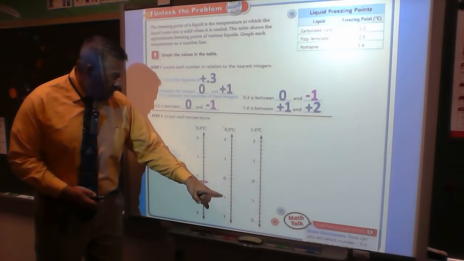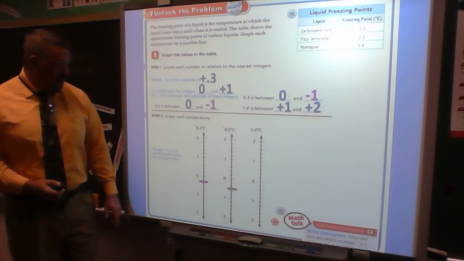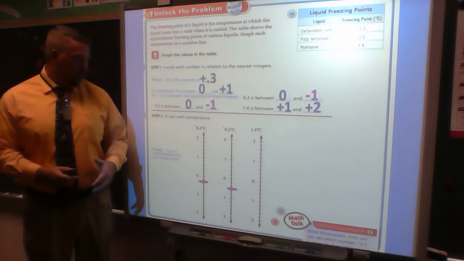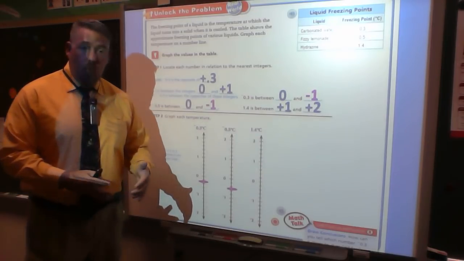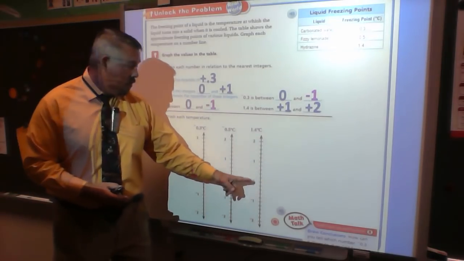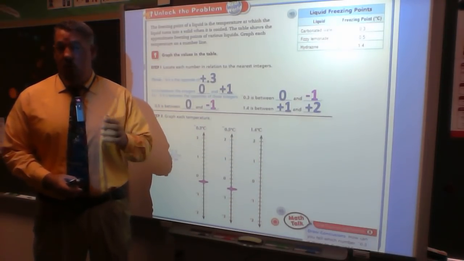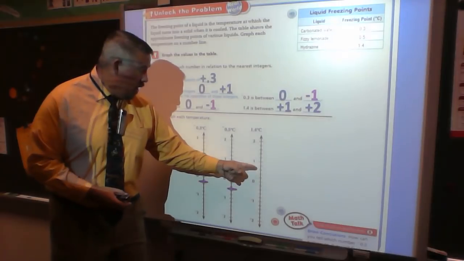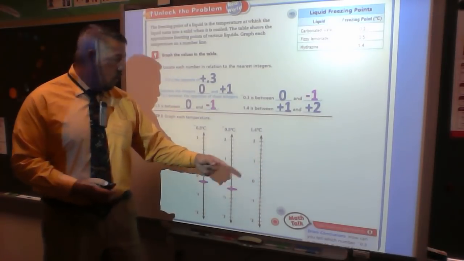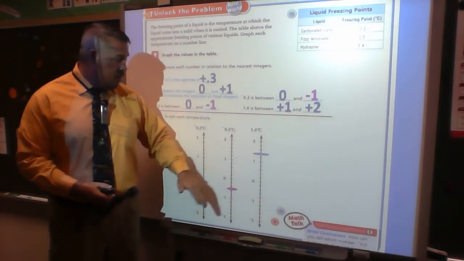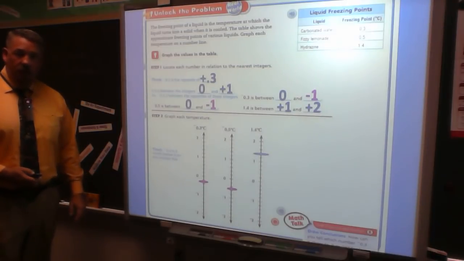So negative 2, negative 4, my negative 5/10 has to be right there. 1 and 4/10 then, I have to go all the way up to the 1, and then I have to only count 2 tick marks, right? Because there are 2/10 per tick mark, 0.2, 0.4, so my 1 and 4/10 has to be there.